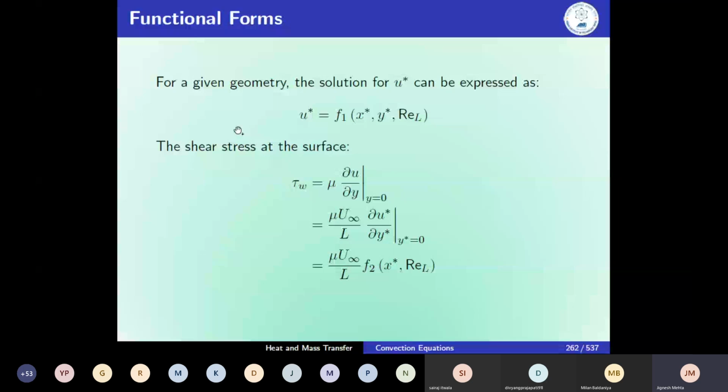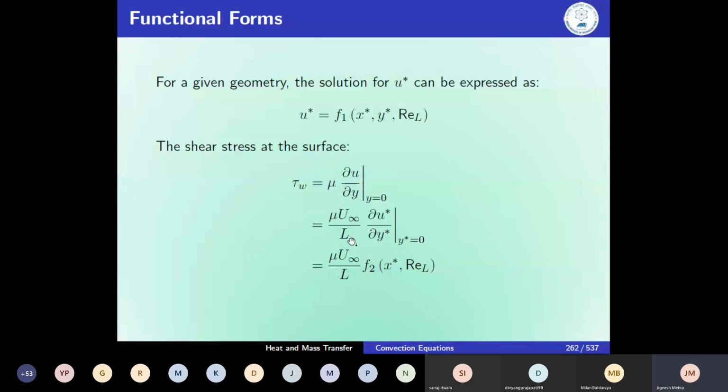Now, the shear stress at the wall can be given as tau w is equal to mu into du by dy at y equal to 0. So now you are non-dimensionalizing this term. What you do is you divide it with u infinity, right, and multiply it with u infinity. So that extra u infinity is here, and you have divided it, so that has made this u star.